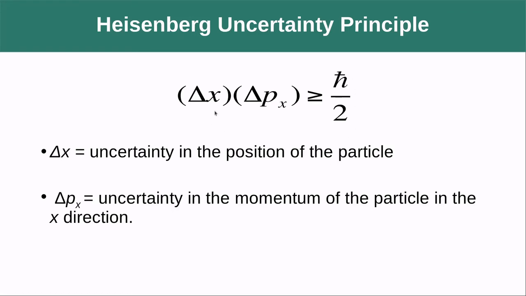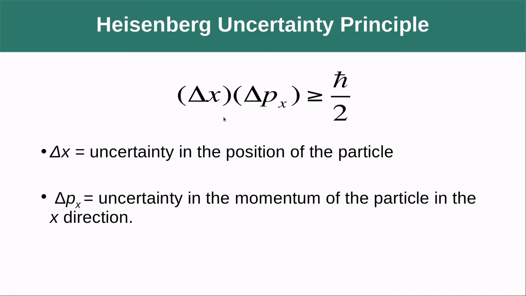If you imagine that this has to equal a constant, as one of these goes to 0, say delta x goes to 0, delta p is going to approach infinity, and vice versa. As this uncertainty goes to 0, the other would get very, very large. So we can't know both of these at the same time.